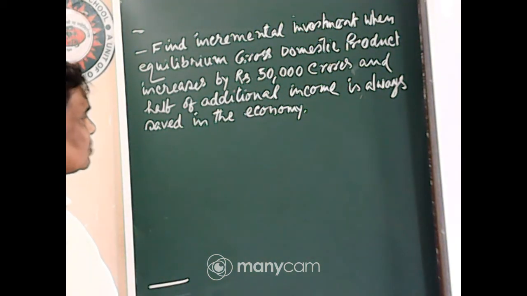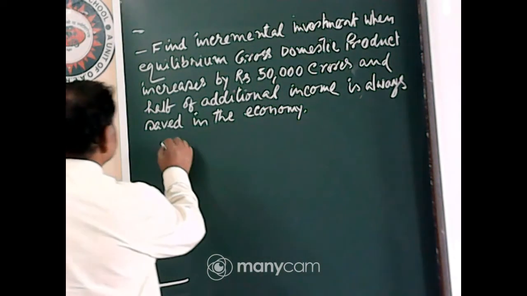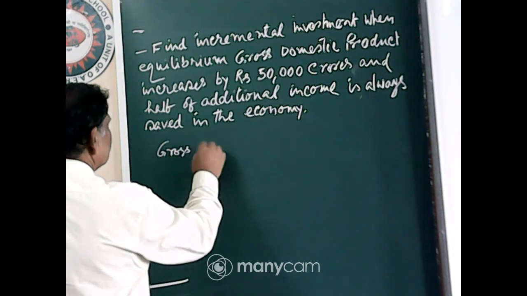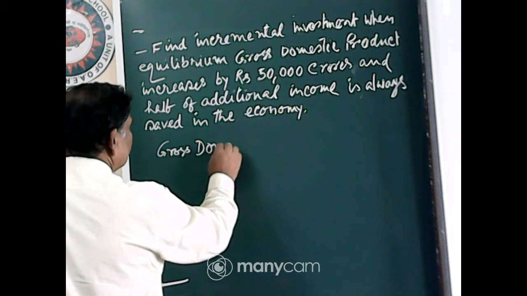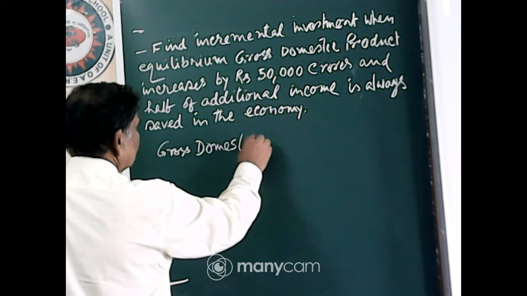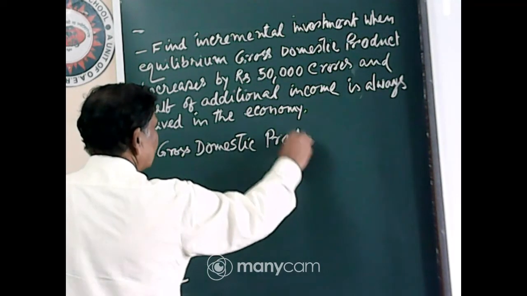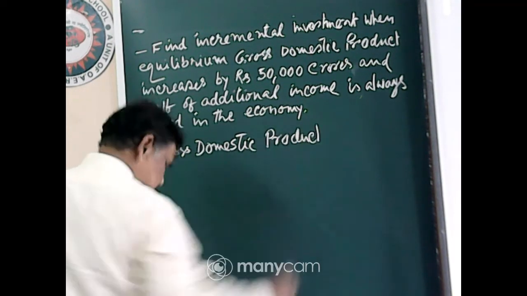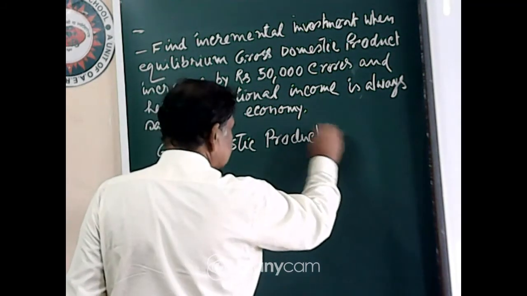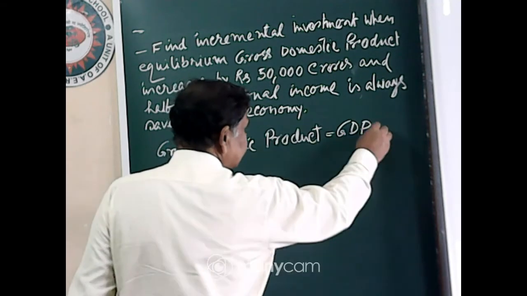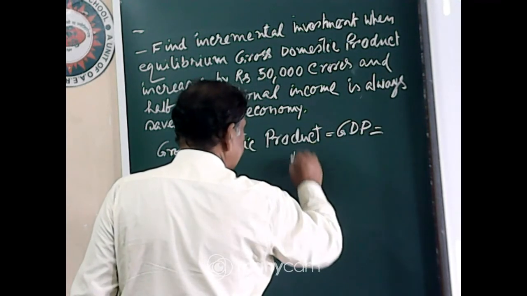What do you mean by this? It means gross domestic product, in short it is called GDP. You know it, and it is national income.